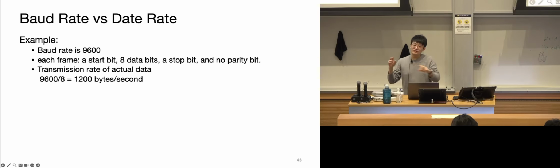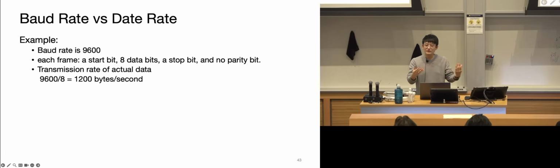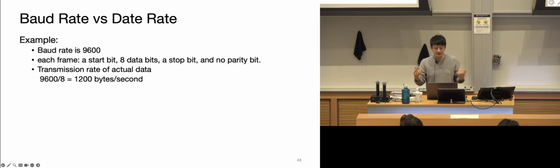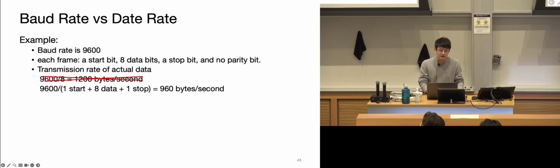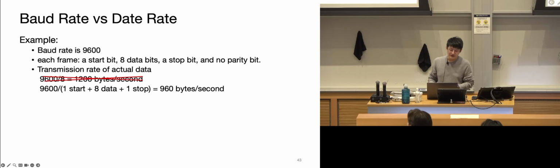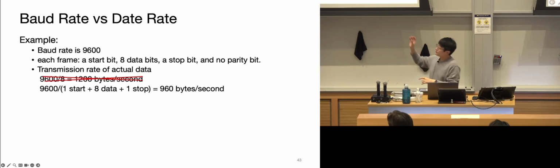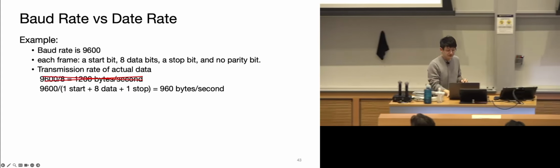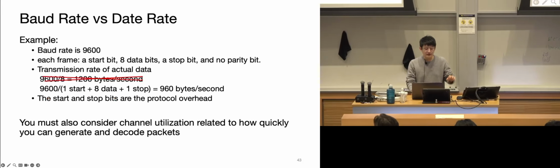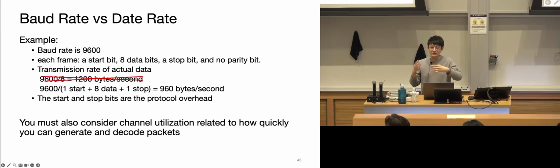So that will give you a quick sanity check on whether you get the correct data. The transmission of this data is not going to be just divided by 8. It's actually going to be roughly divided by 10, because each of this data is like 1 byte, so roughly. But yeah, there's a difference between the bit transmit rate and the actual baud rate.